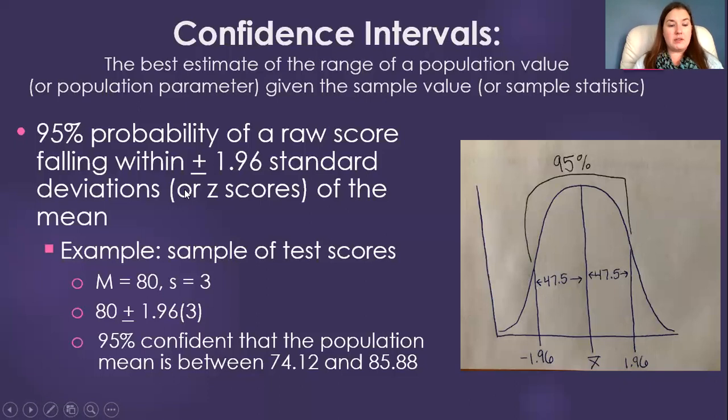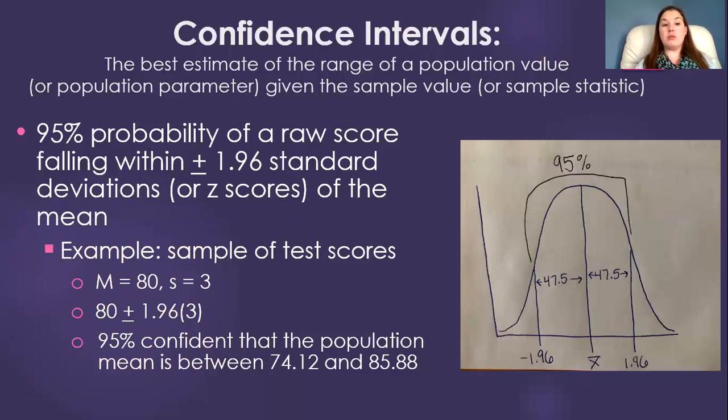In order to do this, you're using the formula that is the mean plus or minus 1.96 times the standard deviation. So a 95% probability of a raw score falling within plus or minus 1.96 standard deviations, or z-scores, of the mean. So let's say we have a sample of test scores with a mean of 80 and a standard deviation of 3. Our formula is the mean plus or minus 1.96 times 3.